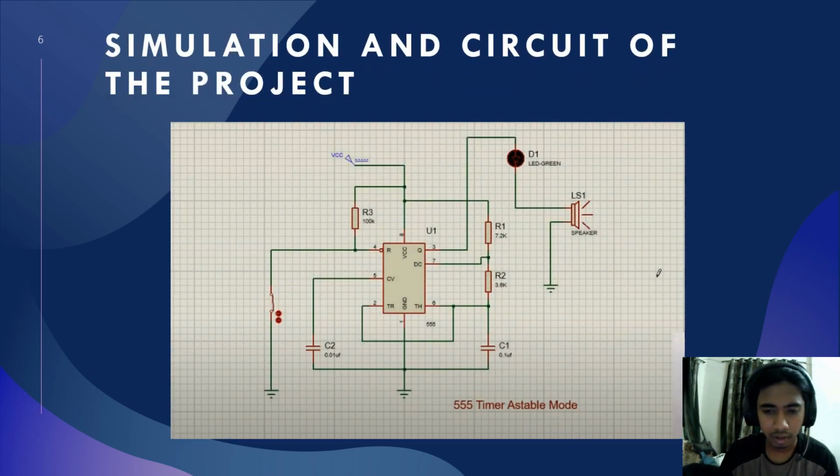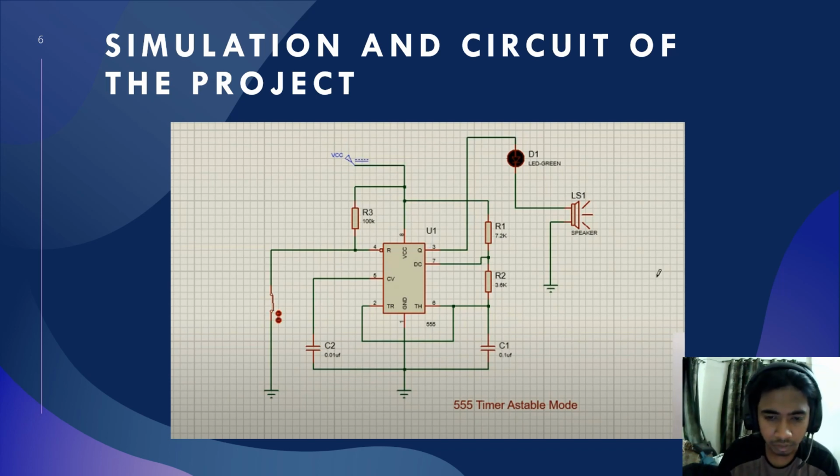Now I'll be explaining the simulation and circuit part of the project. So first let's examine the circuit. Here we have a VCC, a DC generator connected to the timer to provide necessary power. Then there is an interactive switch controlling the timer reset.